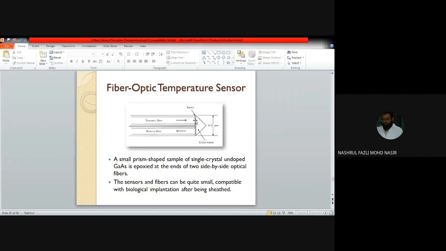You have an epoxy, then you have the transmission fiber, and then you have the reception fiber. And this is the diameter of it. The sensor and fiber can be small, compatible with biological implantation after being sheathed. So this is intended for biological application, in this case for implantation.